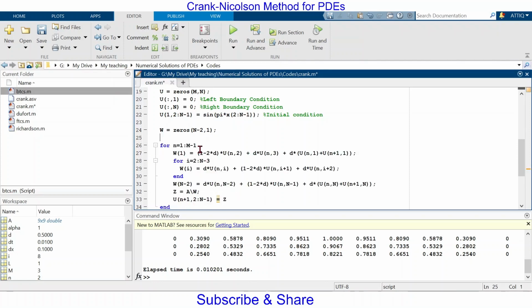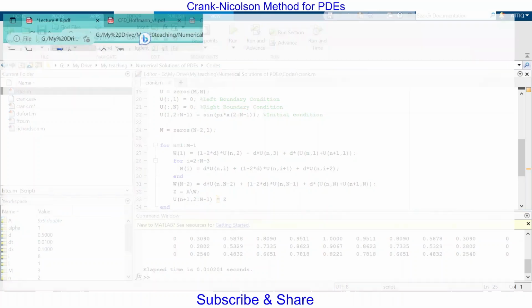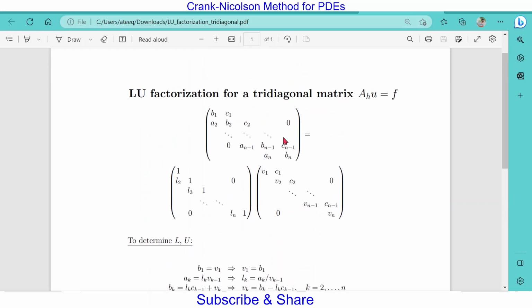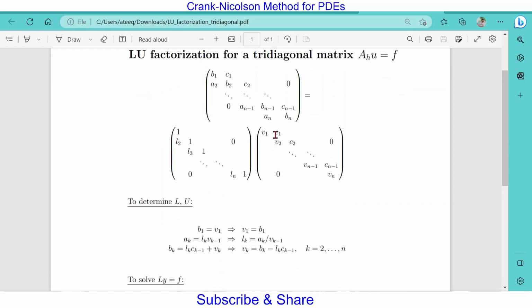Okay. And for LU decomposition of tridiagonal matrices, I have this document which will help us a lot to code this algorithm. So for LU decomposition, if we have this tridiagonal system, it will decompose it into L and U matrices.